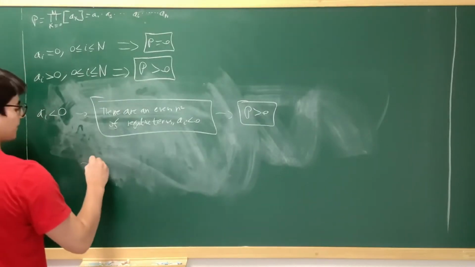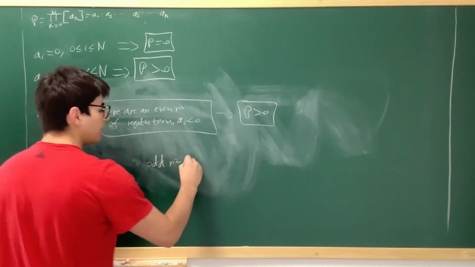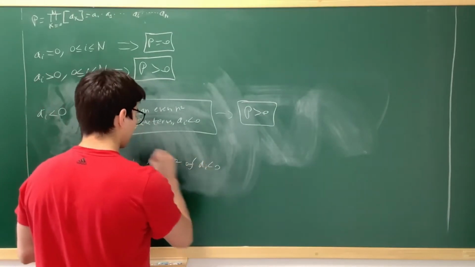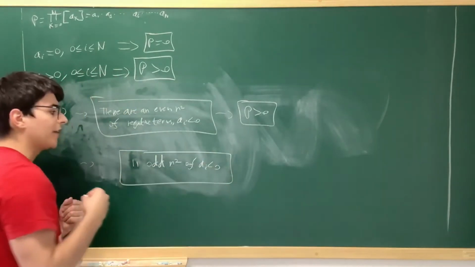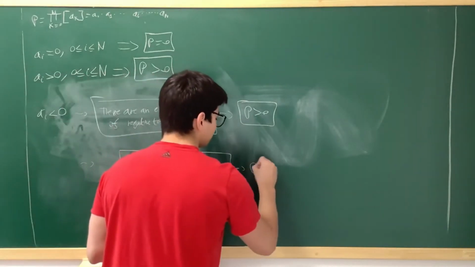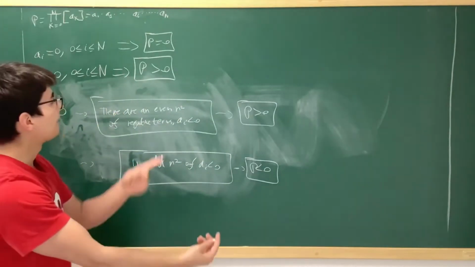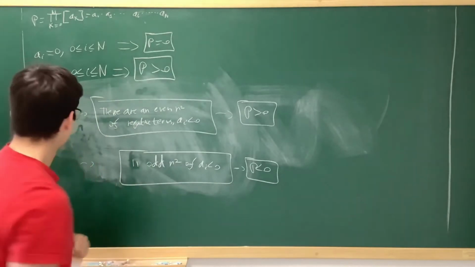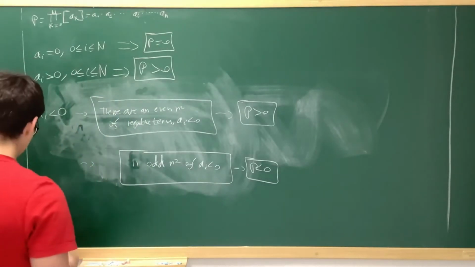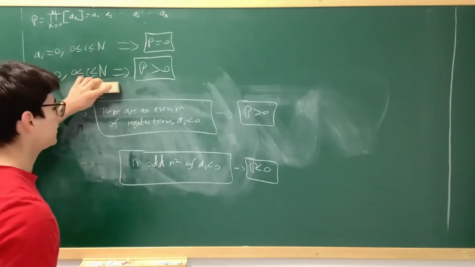Likewise, if just the same but with an odd number of ai's, this just means that it's exactly the same sentence, but with an odd number of ai's, we will get that P is less than 0, because negative times negative is positive, but that's even, so we need another one to make it odd, which will mean that it's negative. A nice way to put it is that, let me just try to put it in a more formal way.